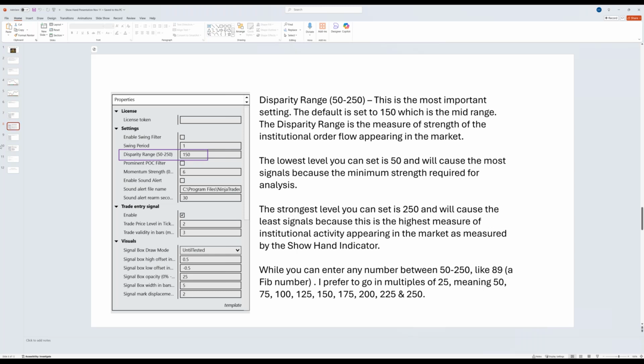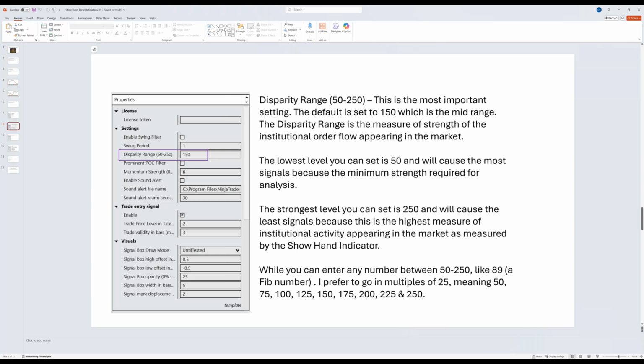We even wrote in there disparity range of 50 to 250. And of course, when you go higher, to 250, you're going to get fewer signals because it's about the highest measuring. Because to be honest, once you get above 250, there's not much difference. It's the highest measure of institutional activity appearing in the market as measured by the indicator.